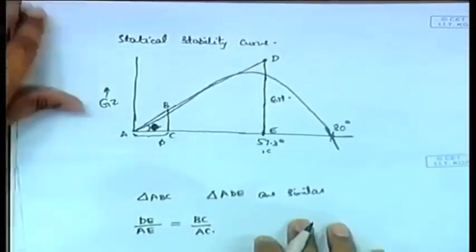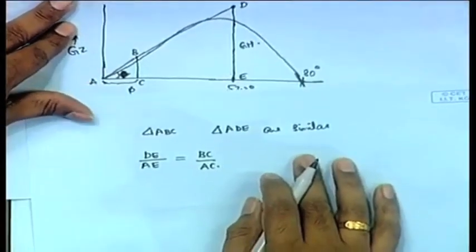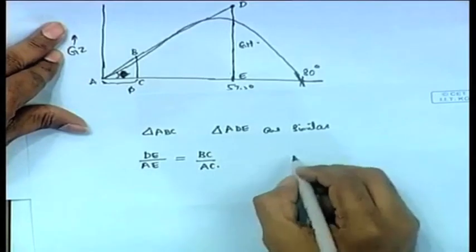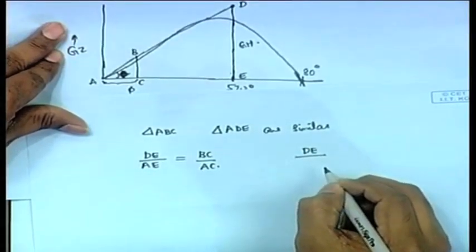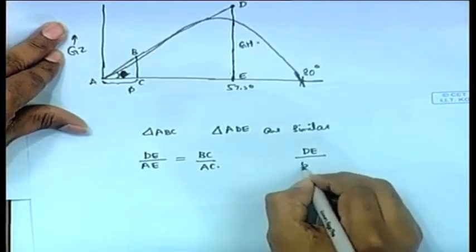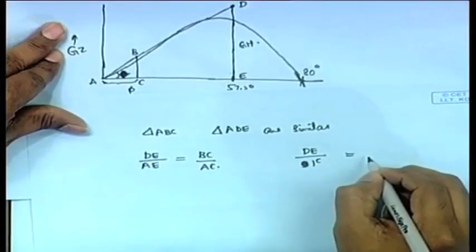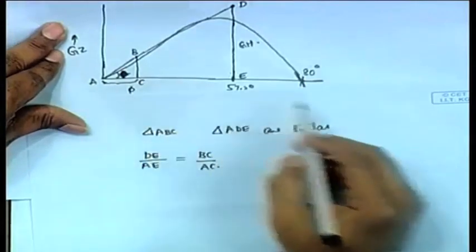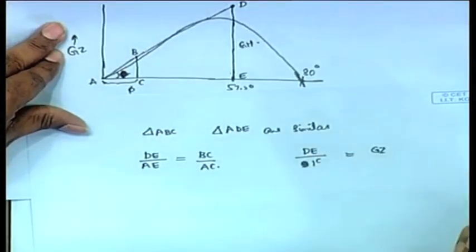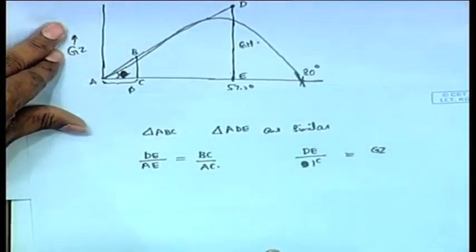Now I will keep this figure as well. Okay, now we have this. Therefore, DE divided by AE, what is AE? AE is 57.3 degrees, or it is equal to 1 radian, equals BC divided by AC. BC is GZ at that particular value of phi. Is it clear? BC is the vertical distance, it always represents GZ, because that coordinate is GZ.